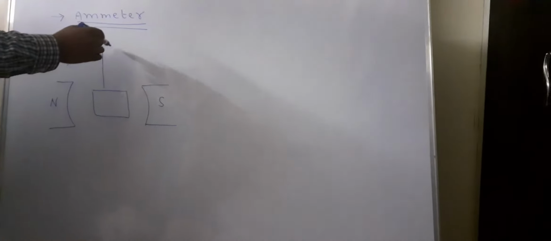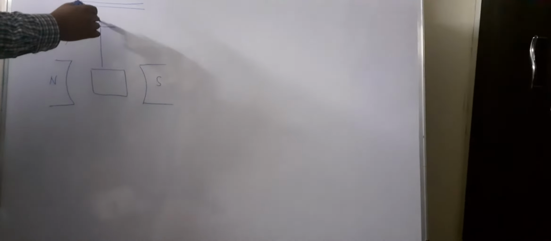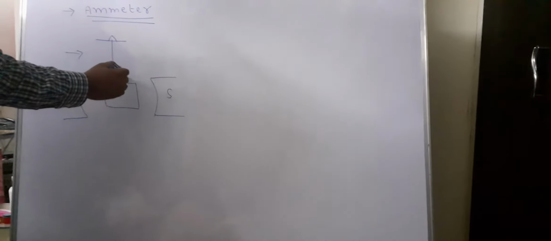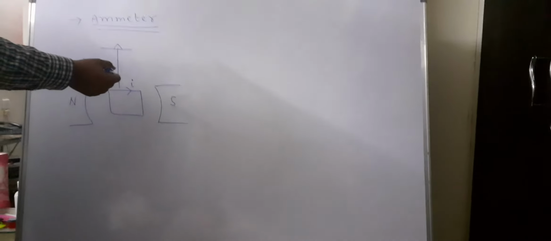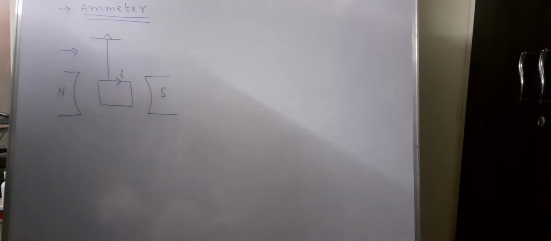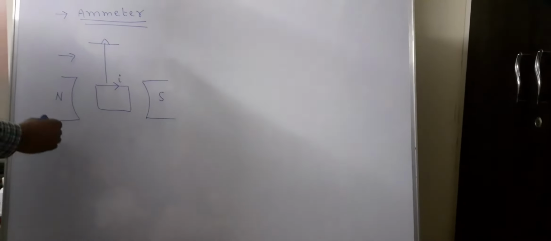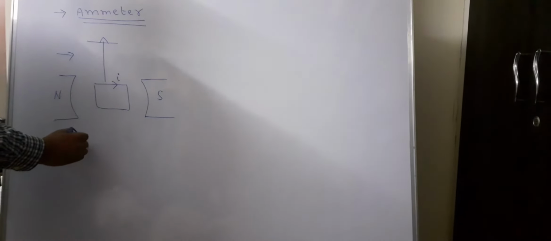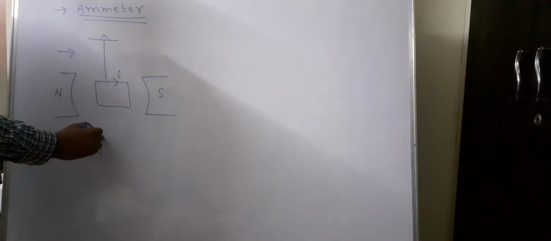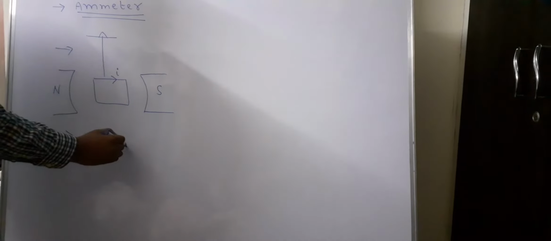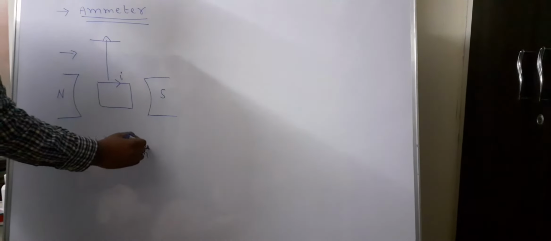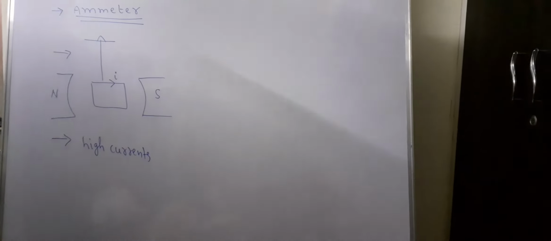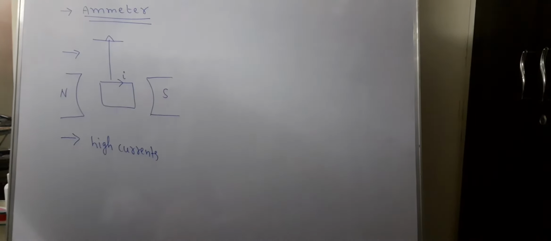In this situation, this coil is suspended by using a torsion head. A current carrying coil placed in the magnetic field rotates. For example, here high current is passing through the galvanometer.